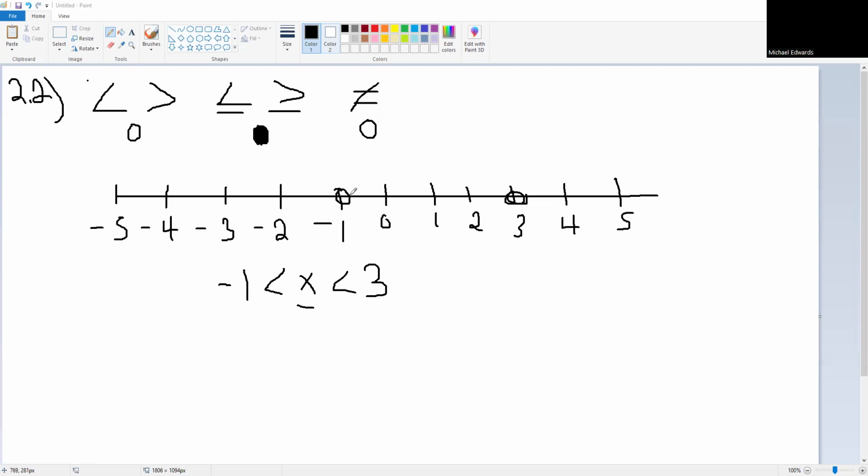So x would represent this area here. I'm doing it like this so it shows better. So it's not equal to -1, but it's anything in between -1 and 3, but not equal to 3, because these don't have little equal signs under them. Okay, so that is a compound linear inequality.